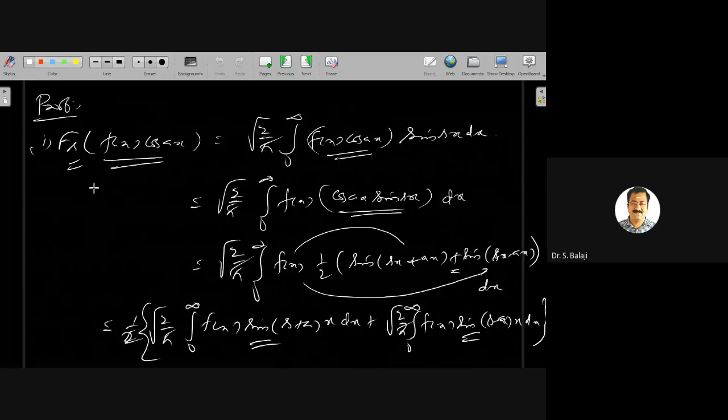Proof. First one, solution 1: Fs of f of x cos ax. When f of x is multiplied with cos ax, it is the Fourier sine transform.